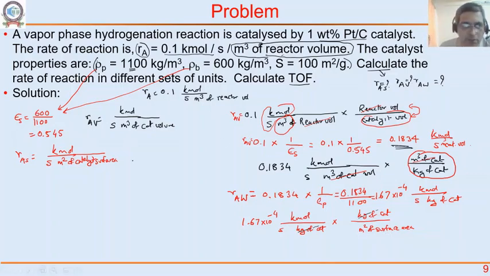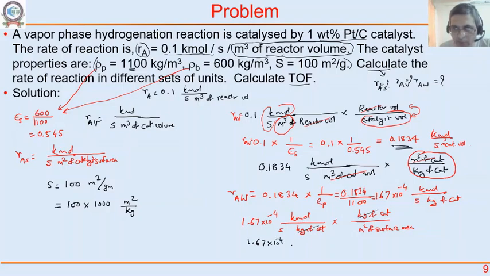So you see, what is the surface area? Surface area is 100 meter square per gram. So this would be 100 multiplied by 1000 meter square per kg, isn't it? So I will take this 1.67 into 10 raised to minus 4 multiplied by kg of catalyst per meter square. This is nothing but reciprocal of 100 into 1000. Do you agree with that?